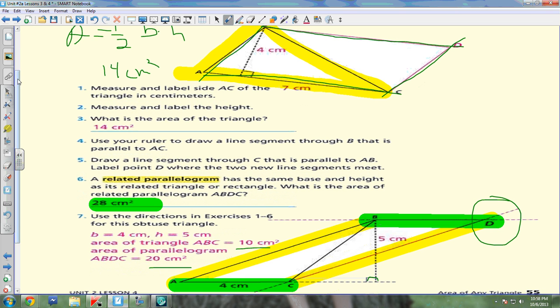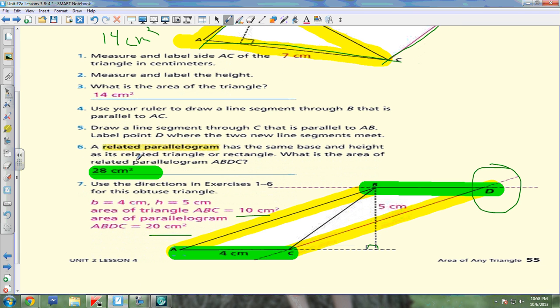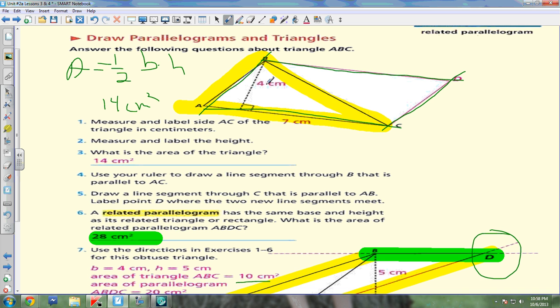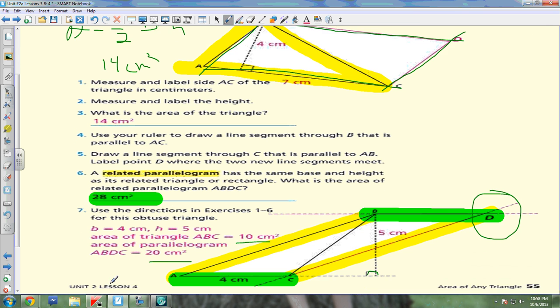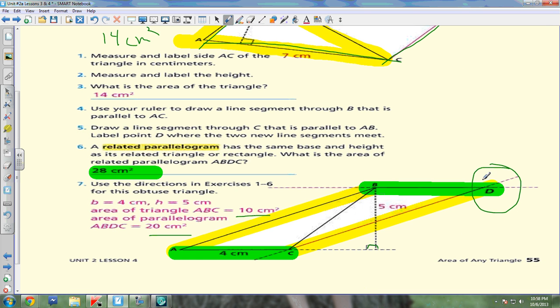Go ahead and do that as well. And then it talks about that a related parallelogram has the same base and height as a related triangle or rectangle. What is the area of the related parallelogram? So the whole thing, the triangle is 14, but the whole parallelogram would be base times height, which would be 28 centimeters. And then it has you doing the same thing down here for number 7, but we won't do that.